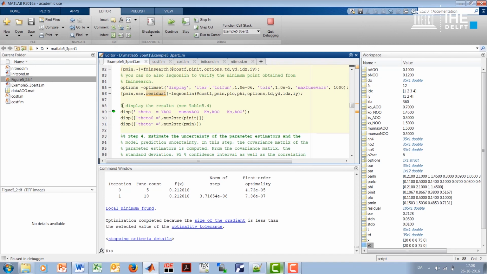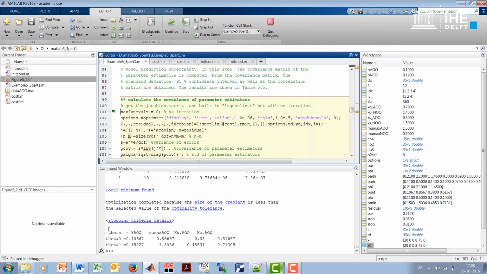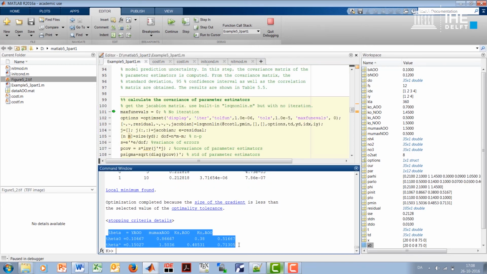LSQNONLIN is executed to verify the solution. Now, the search algorithm will start with the optimal solution previously found. In this screen, it can be seen that the optimal solution did not change, confirming that the optimal solution had been found.